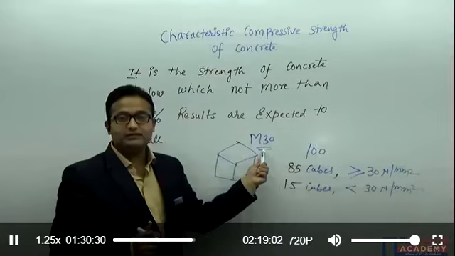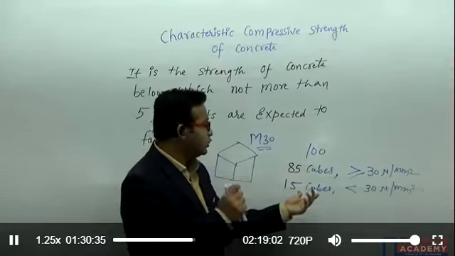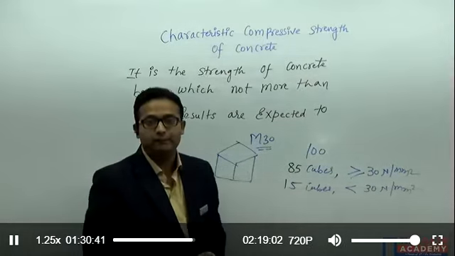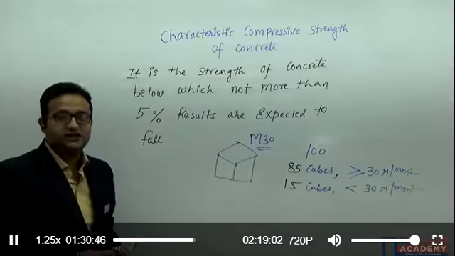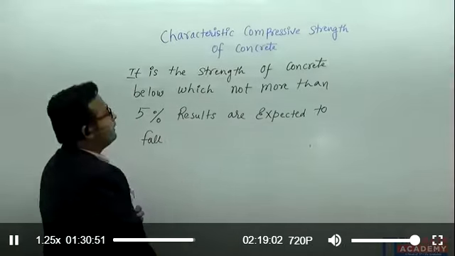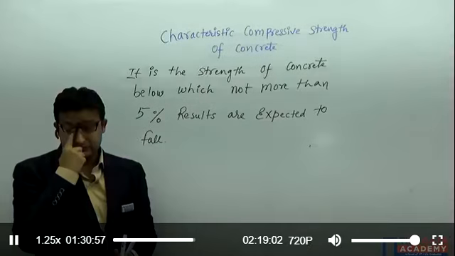Right? So there should be 95% success and only 5% results may be expected to fall. Fine. So this is the definition of the characteristic compressive strength of concrete. Now please write down the definition of characteristic compressive strength of concrete.